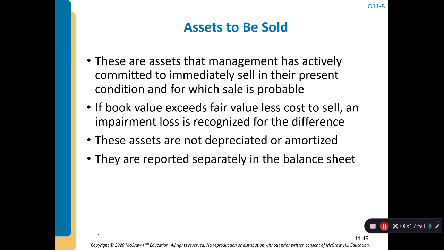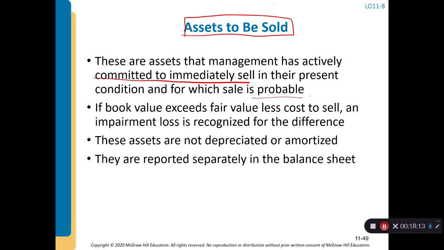Okay, we said that the asset held to be used and kept is going to be treated differently from the asset held to be sold. But impairment can also happen to a company that wants to sell its assets. This is an asset that management has actively committed to immediately sell in its present condition, for which the sale is probable.